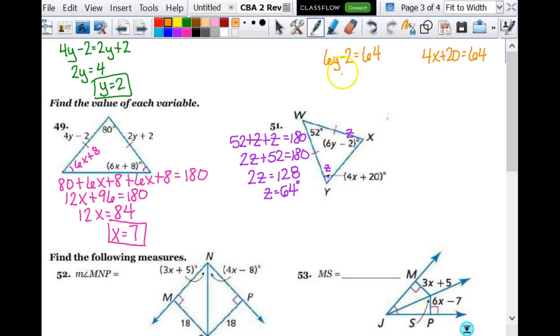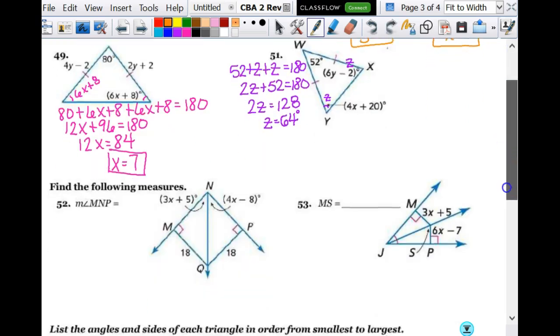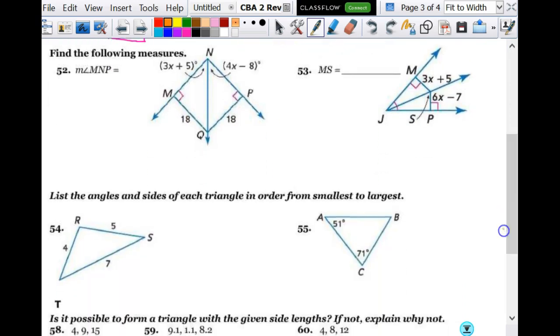So this is going to give me 6y equals 66, so y equals 11. And then 4x equals 44, so x also equals 11. x and y do not always equal the same thing. Keep that in mind. All right, 52.